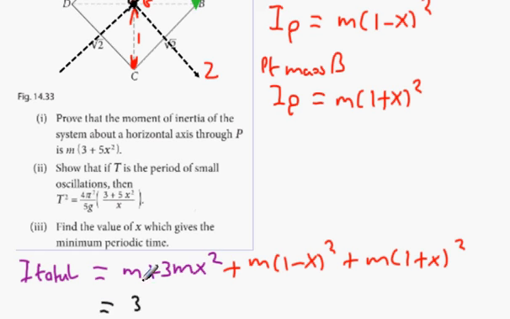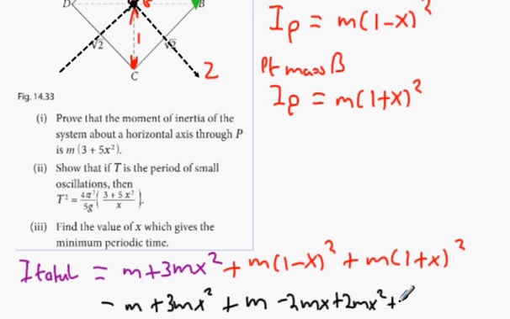What we get is m plus 3mx squared plus m minus 2mx plus mx squared plus m plus 2mx plus mx squared. Oh, sorry, I made a mistake there. Just be very careful.